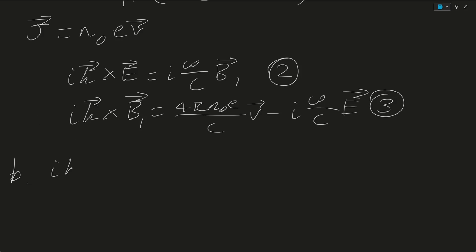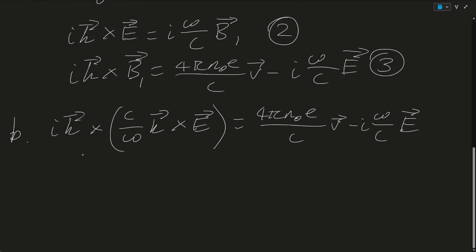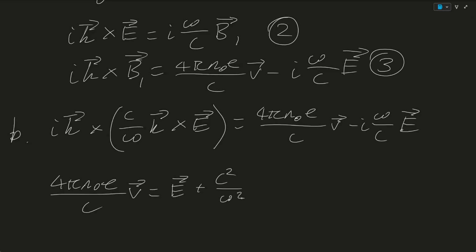So i k cross (c over omega k cross E) equals 4 pi n naught e over c v minus i omega over c E. And then we can rearrange for v. I'm going to put that in a square bracket.